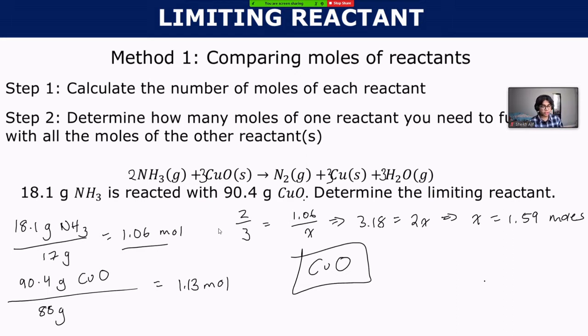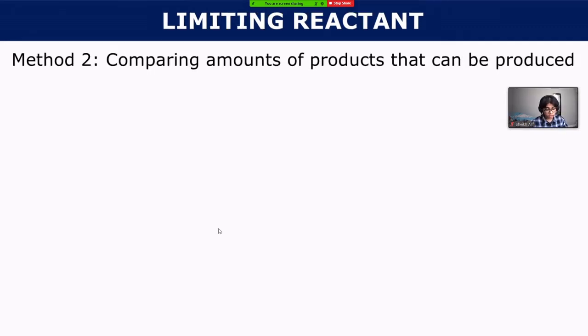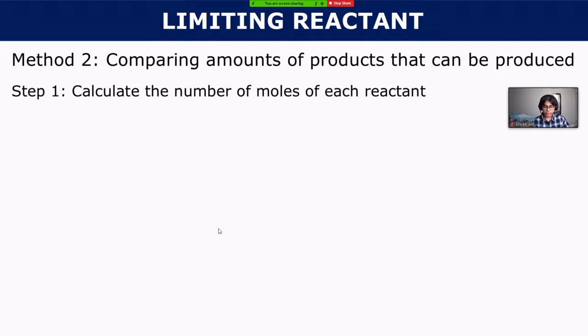And so let's look at the second method of calculating the limiting reactant. The second method involves comparing the amounts of products that can be produced. So the first step is going to be the same.